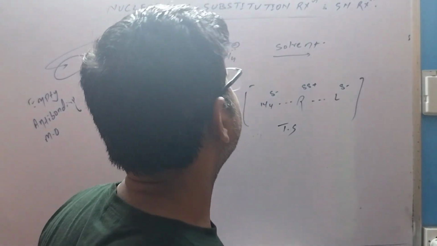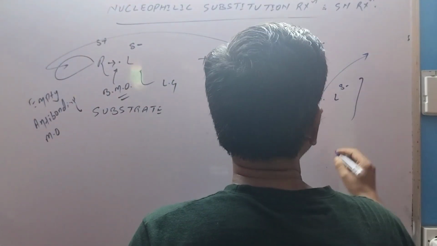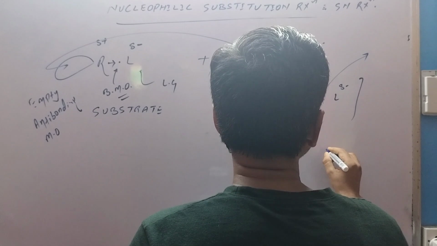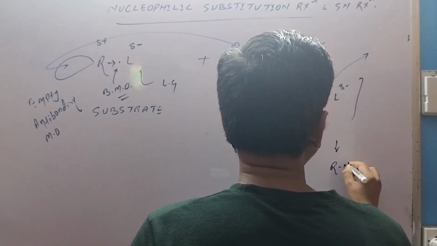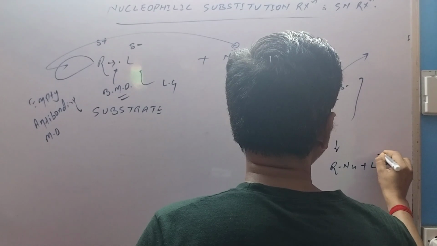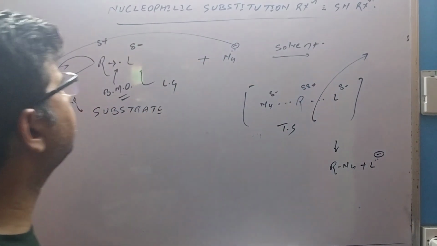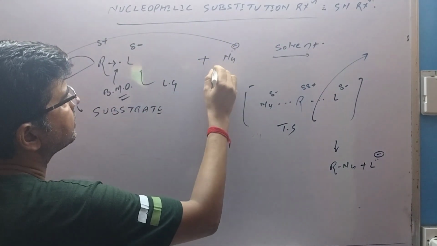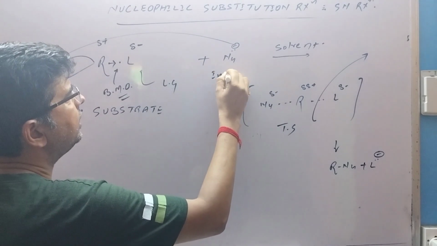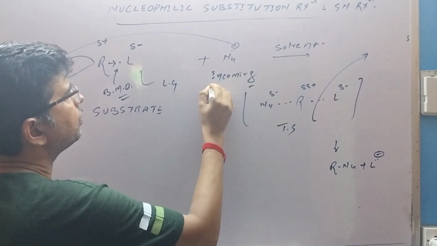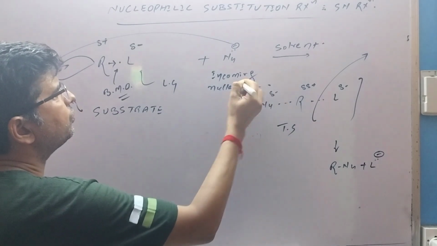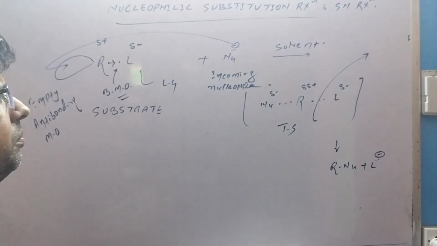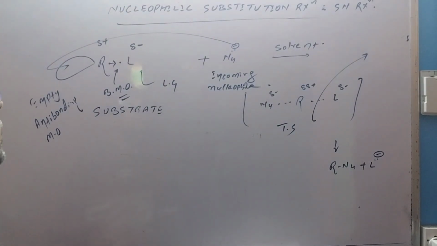To get stabilization, the leaving group finally departs, and the outcome of the reaction becomes R-nucleophile and the leaving group. See, this is the simple basic representation of SN reaction. Nucleophile means incoming group. Substitution due to nucleophilic attack: this is the simple meaning of nucleophilic substitution reaction.